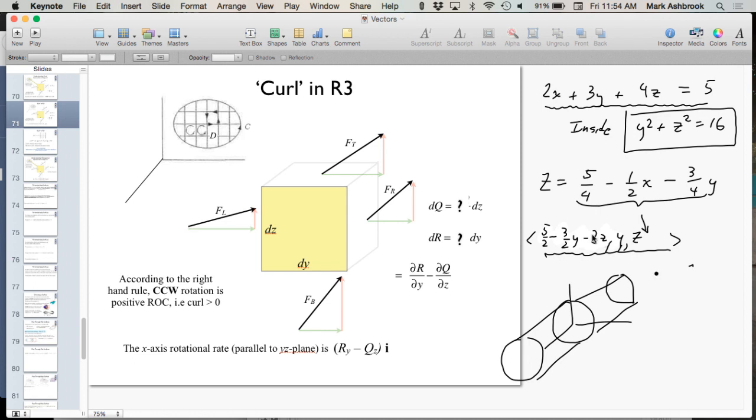Okay, there we go. Because y and z are parameters, we can restrict y squared plus z squared to be less than or equal to, or less than, 16.